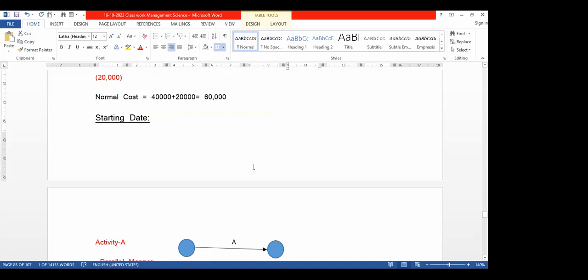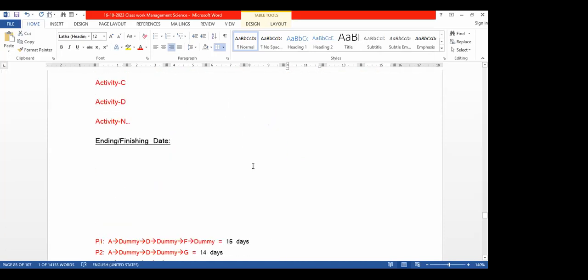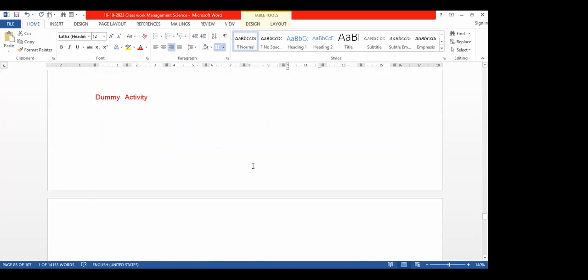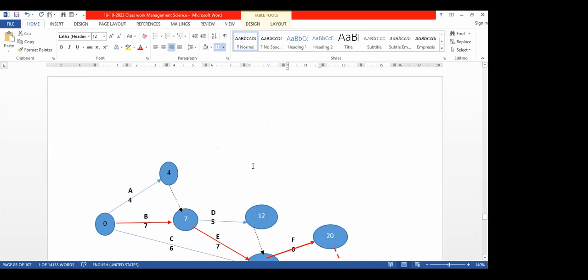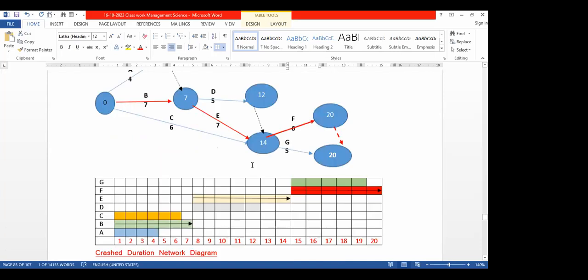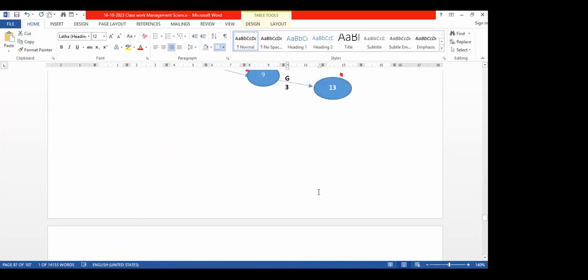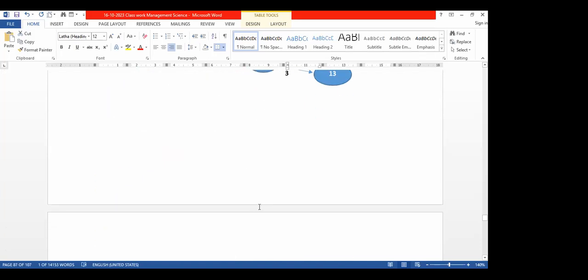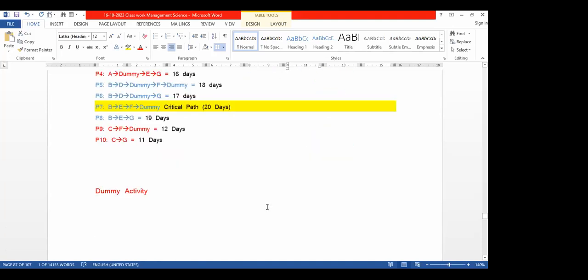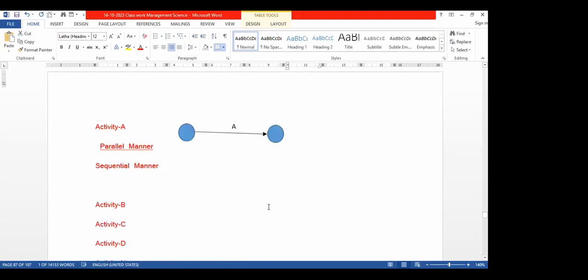But it's not 67, right? Because you have calculated this way: 54 plus 1,000 multiplied by 13, so 54 plus 13,000. You see, there are some errors in that.